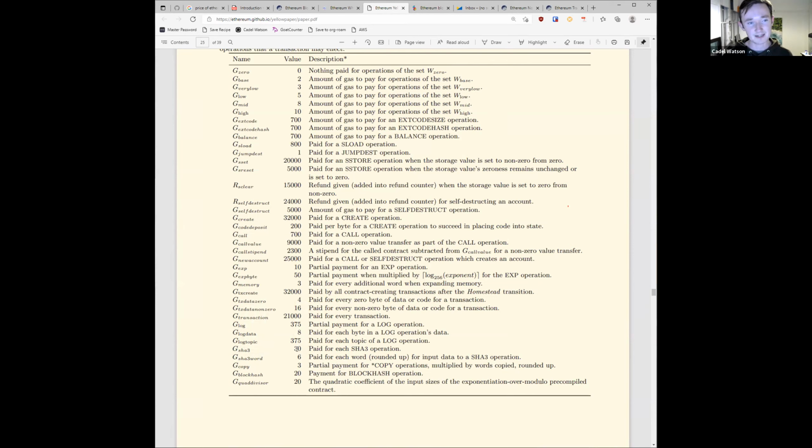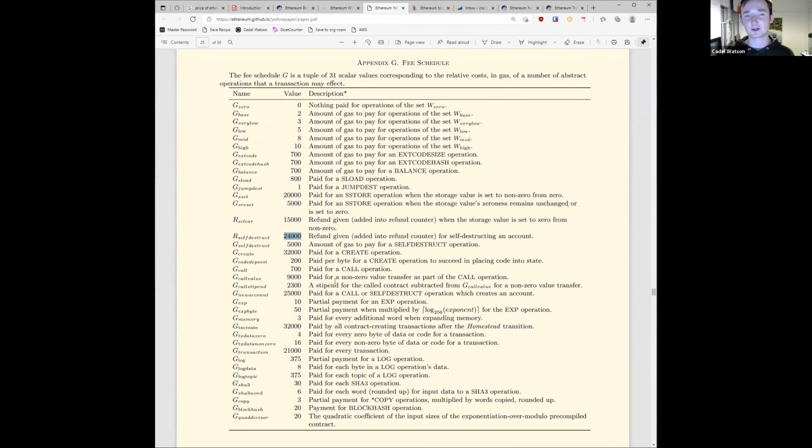Right? But something that's a lot more expensive, like destroying a contract using the self-destruct instruction, might cost heaps more gas. So 24,000 compared to 30. What that means is that the contract developer has to be really careful about what instructions they're including in their contract to make sure that it's not too expensive to use.